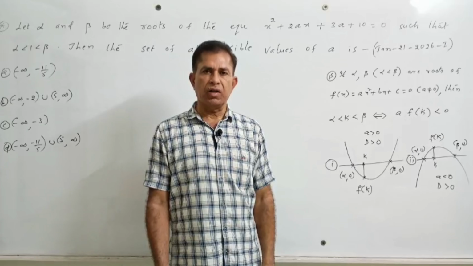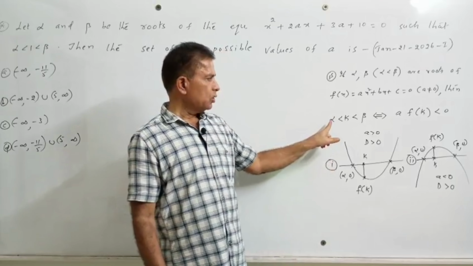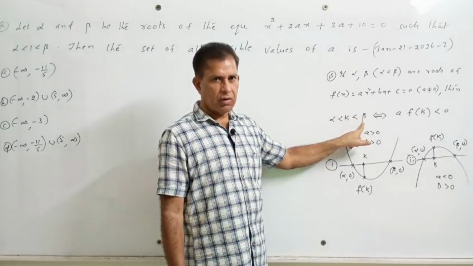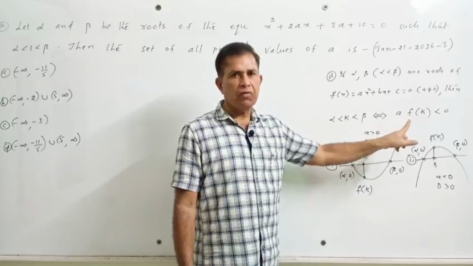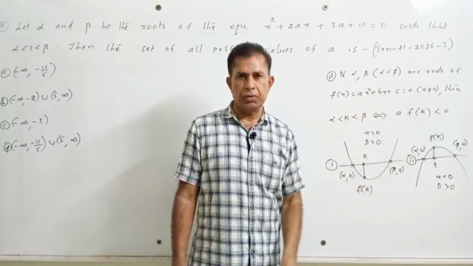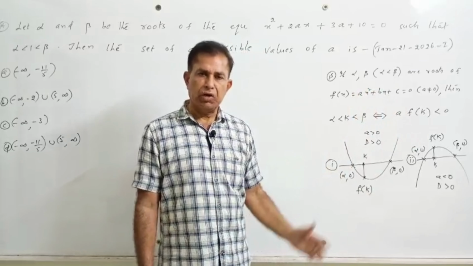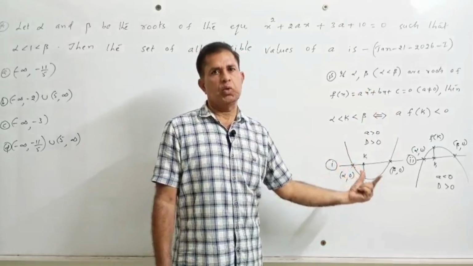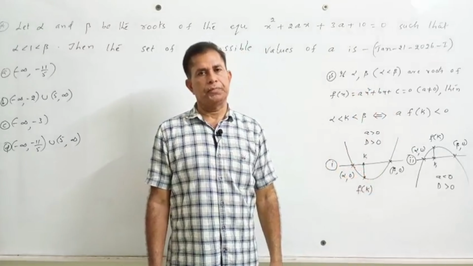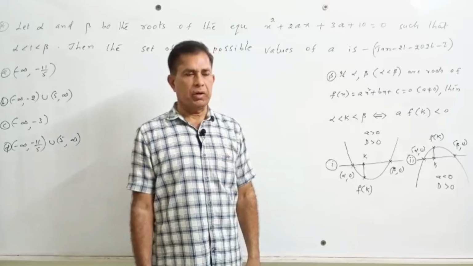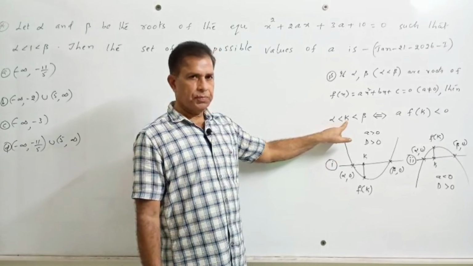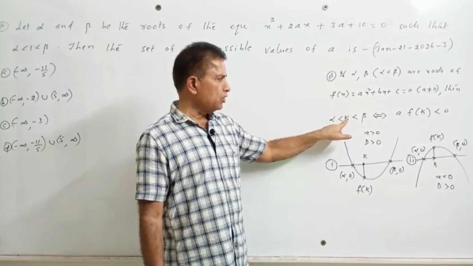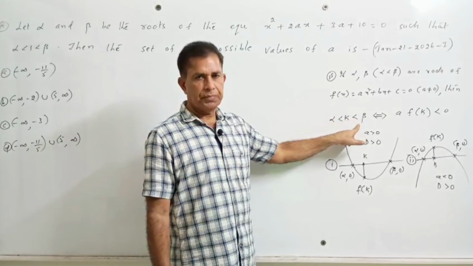The condition for the given number k to lie in between the roots of the quadratic equation, only one condition, a into f of k must be less than 0. You can verify that condition for these two parabolas yourself. See one particular case: if k becomes 0, alpha less than 0, 0 less than beta.